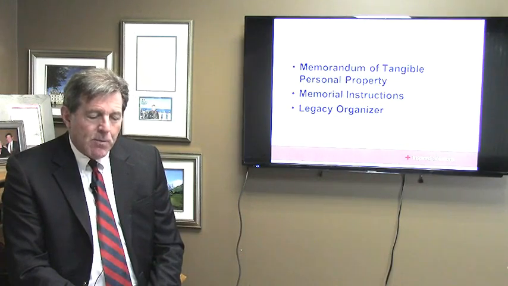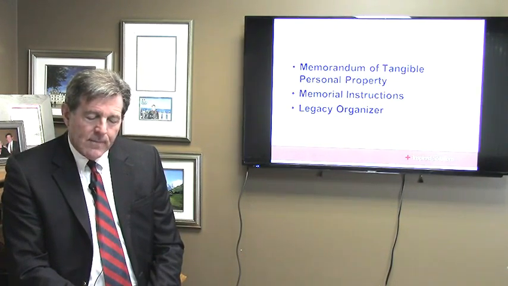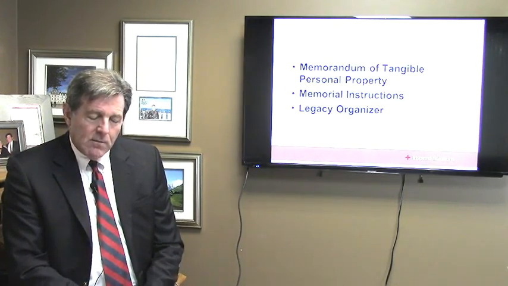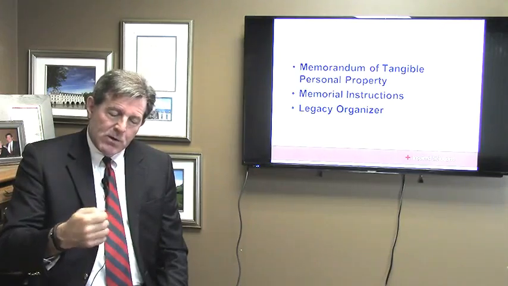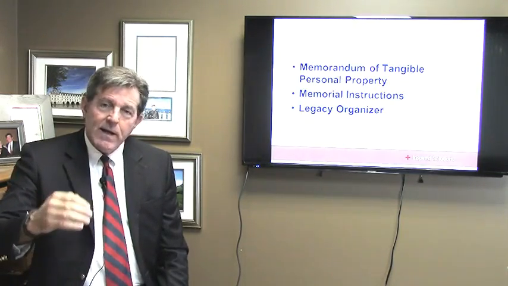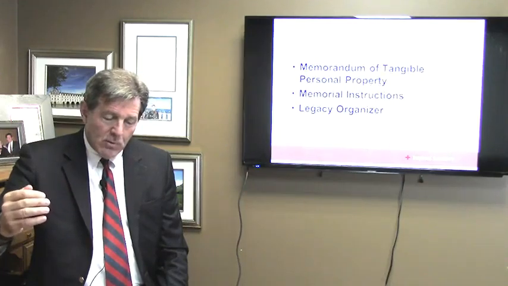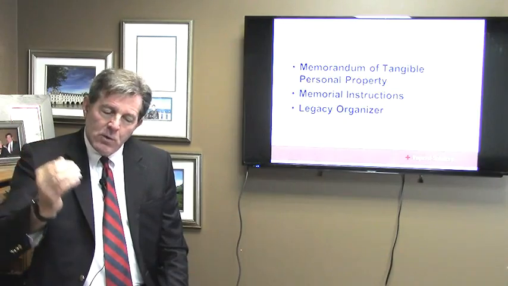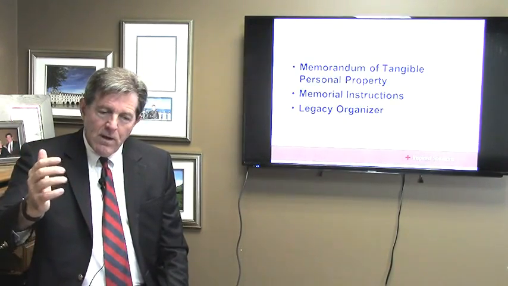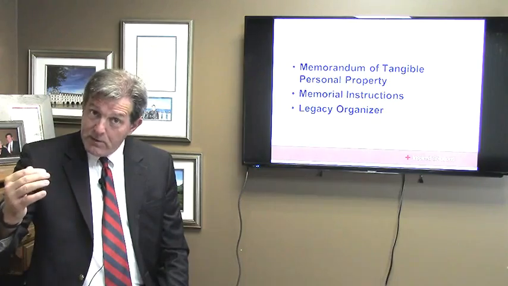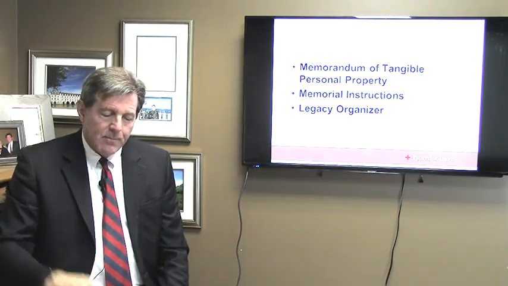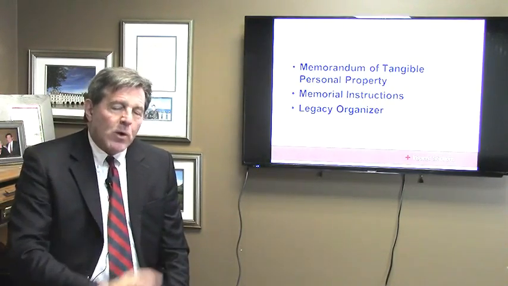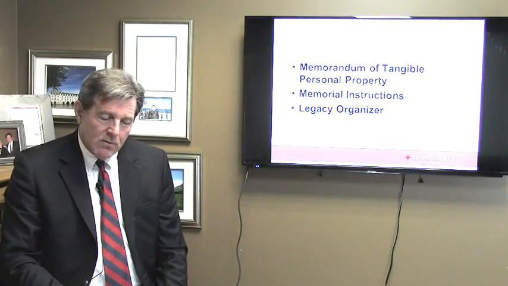In the legacy organizer, we provide a way that you can leave all your passwords to all the various accounts you have, so that you can entrust this legacy organizer to people that you care about, so that if something happens to you, they at least have the ability to get into your computer without having to go hire a computer consultant to figure out how to crack the code on it. We also include a place there for you to leave all of your frequent flyer miles, account numbers, all things like that, because these are things that are quite often overlooked. And so this legacy organizer is something we developed that a lot of our clients really feel good about.